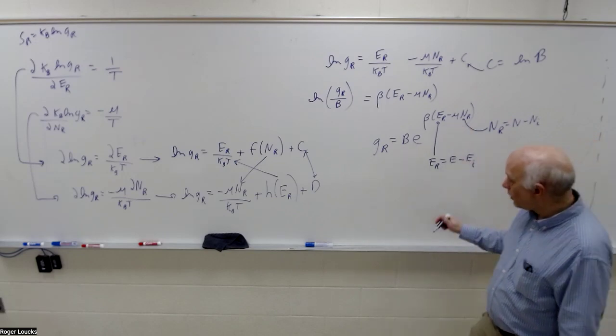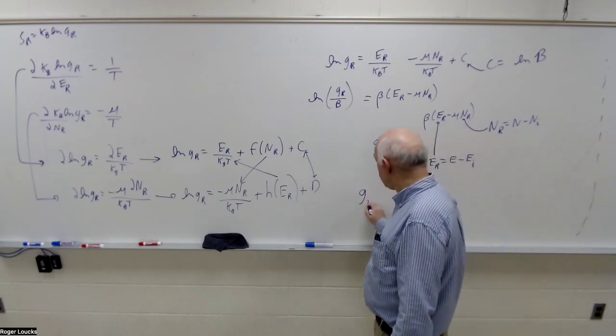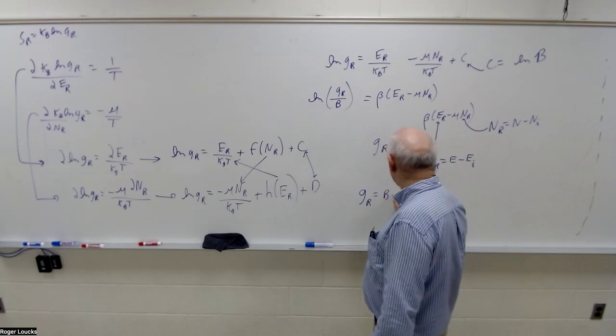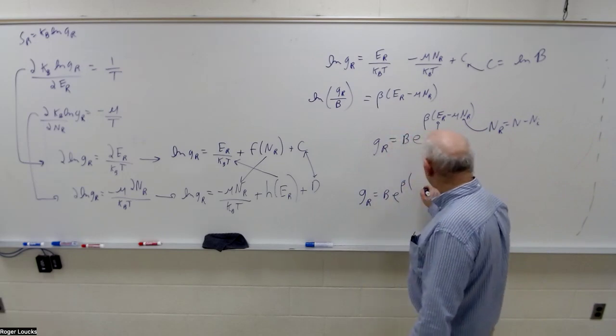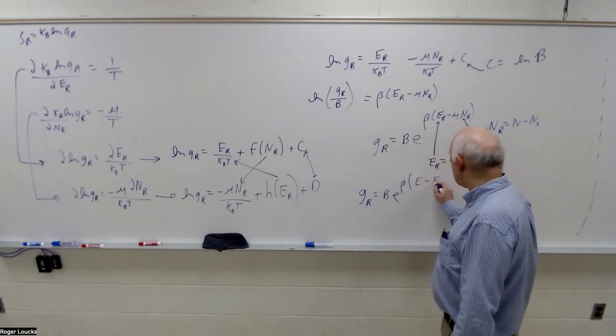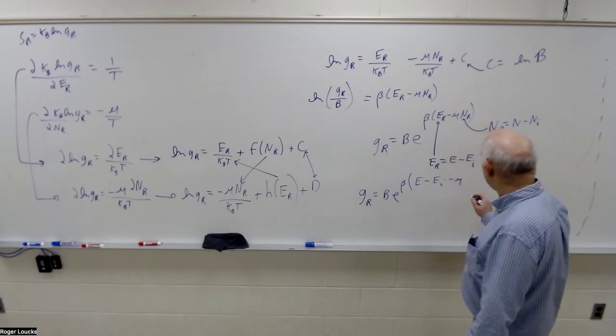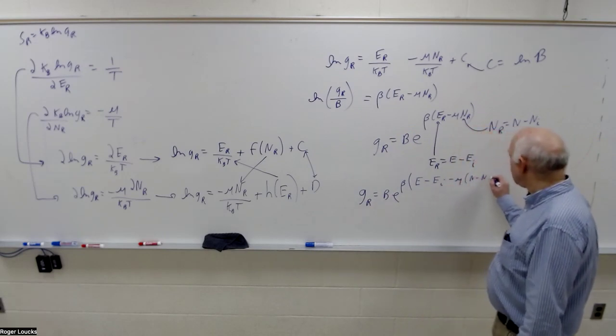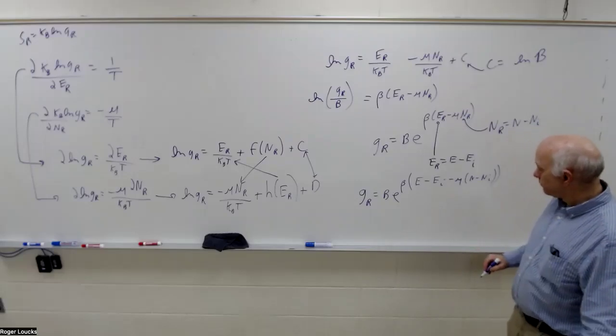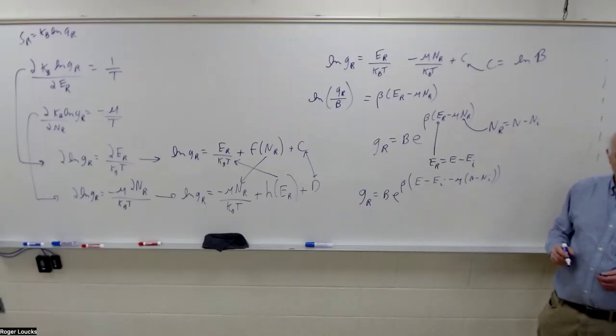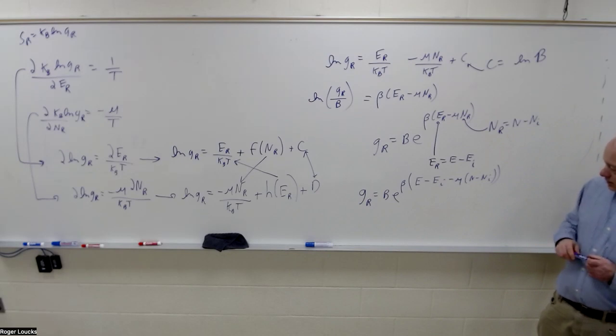Okay, so I can put this all into here. This gives me E minus EI minus mu N minus NI. Hey, and what could I rewrite this as? Another constant up front and just get rid of the constants in there.